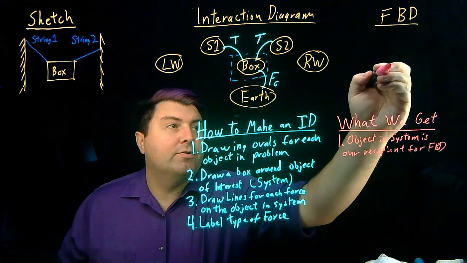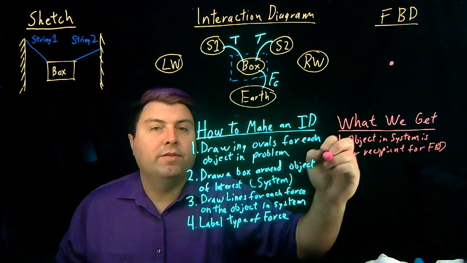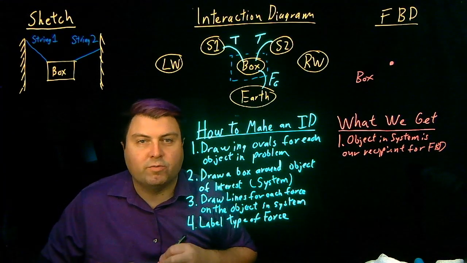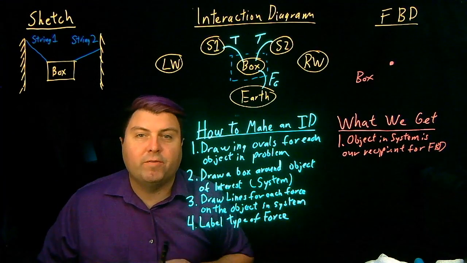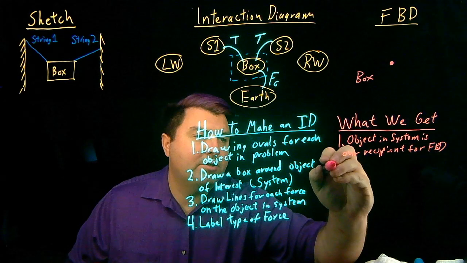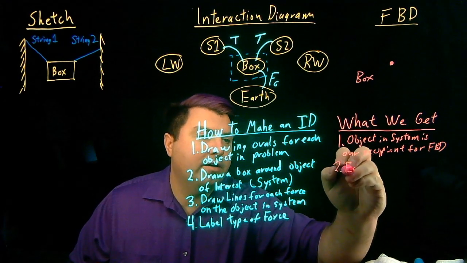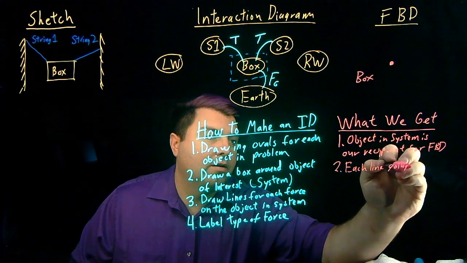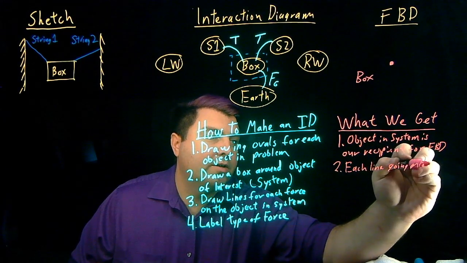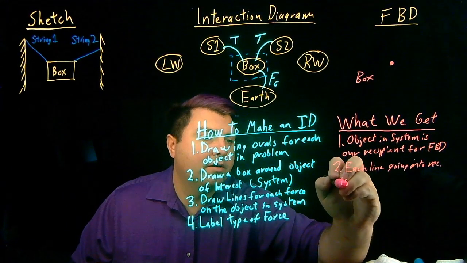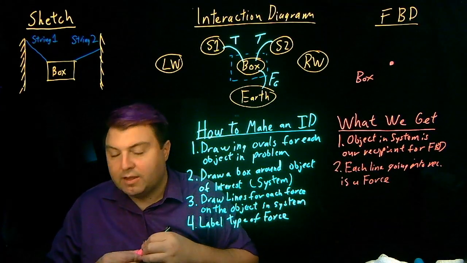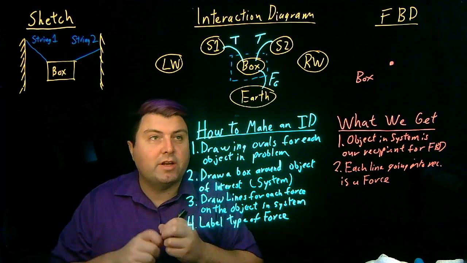So then I can draw this. My box is what I'm going to be studying. And then what I can look at is each line going into the recipient is a force. Now, I do have to do things in addition to this.